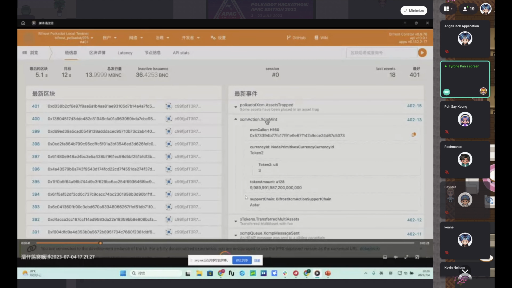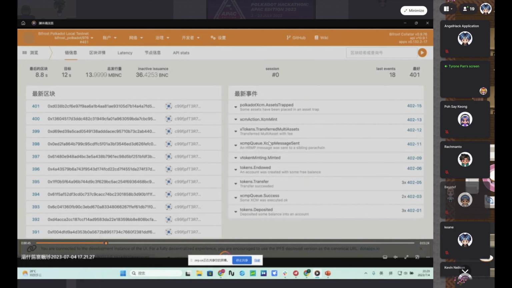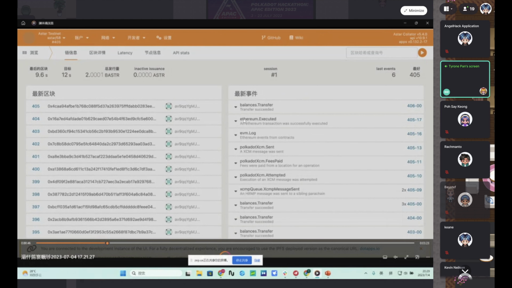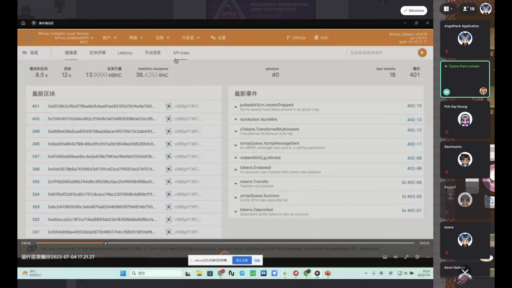So if you pay it in ASTR, the minted amount might be lesser than the minting amount that you put in originally. Okay, on Bifrost this is the message that shows you successfully minted.